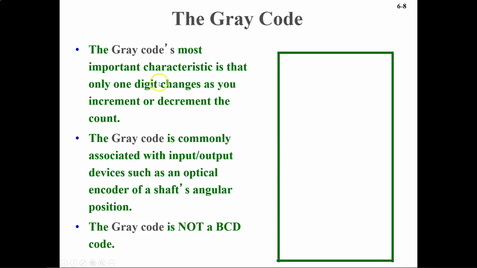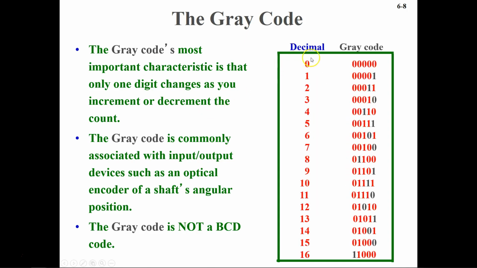Now next is the gray code. So let's see what it says here. The gray code's most important characteristic is that only one digit changes as you increment or decrement the count. So on the right you see we have a gray code here, and it is converted from a decimal.